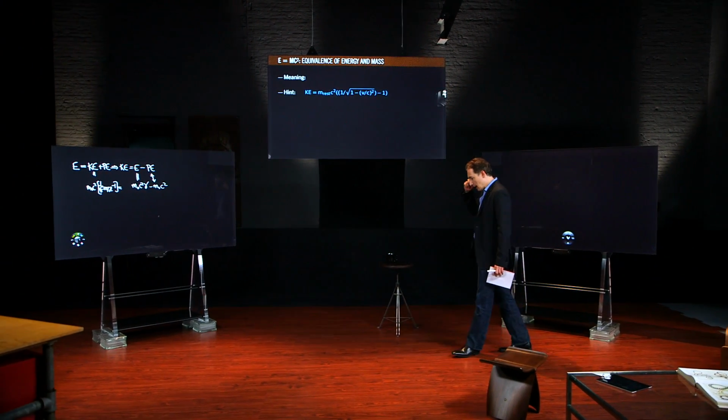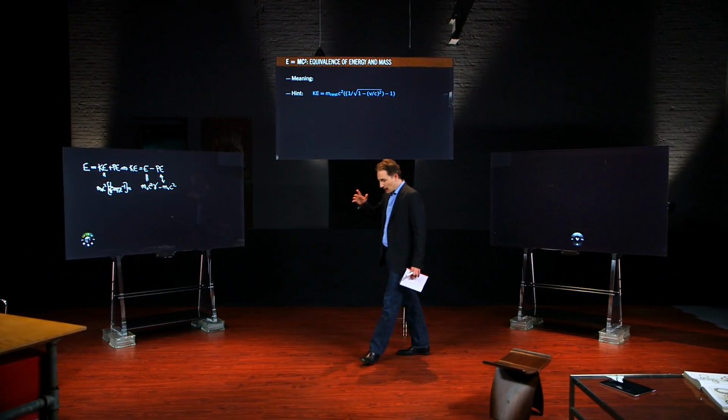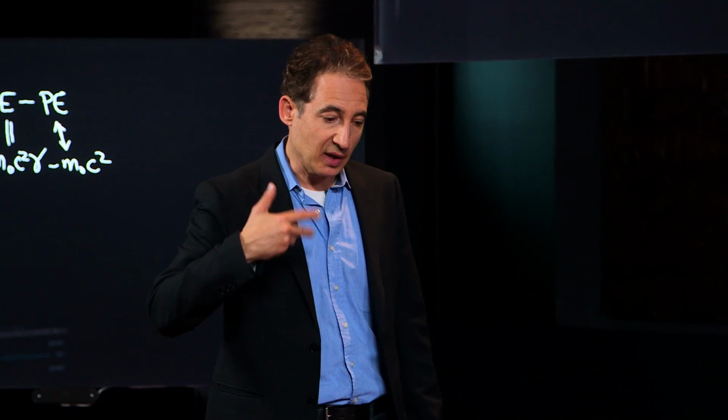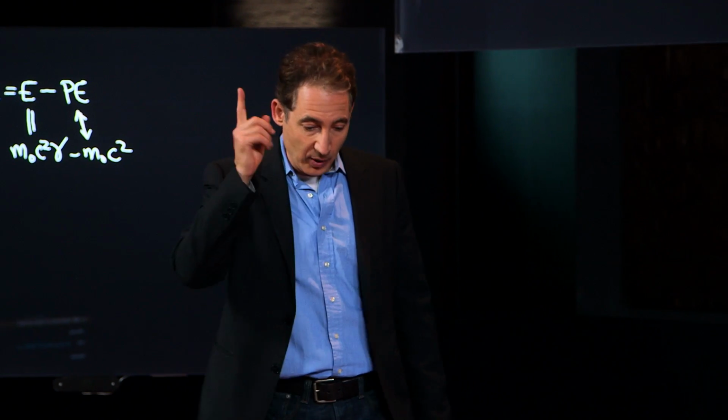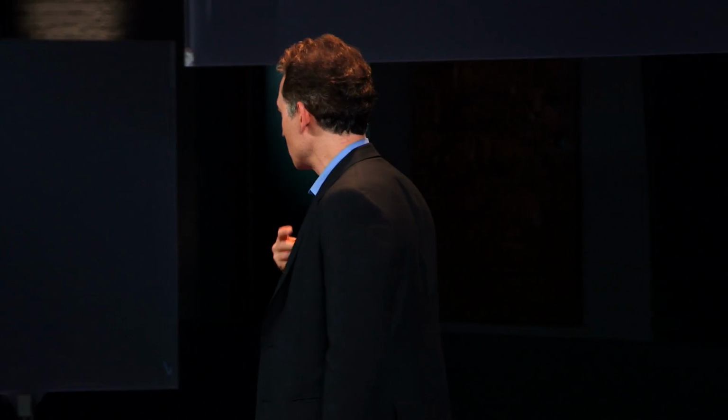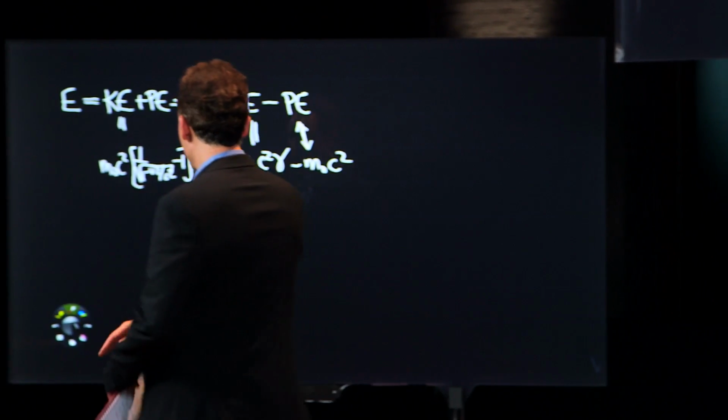To do that, I am going to play a game that is very similar to the game that we played in trying to come up with the relativistic equation for momentum. Remember how we did that? We looked at one and the same collision, but we looked at it from two different frames of reference. We are going to do the same thing now with another specially chosen collision between two particles.